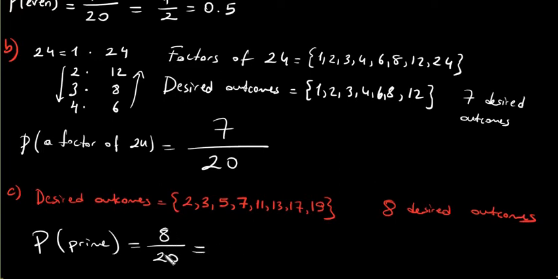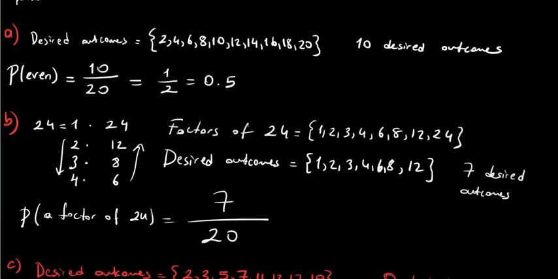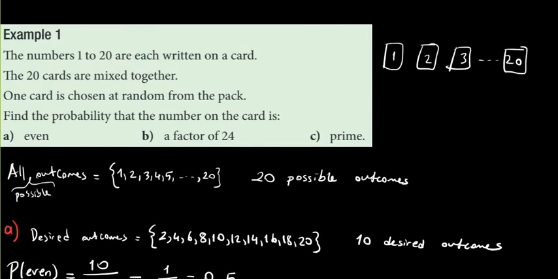Both the numerator and the denominator are divisible by 4. 8 divided by 4 is 2, and 20 divided by 4 is 5, which is also 0.4. This is the probability of getting a prime number from our pack, okay? If you have a question, please ask your questions.